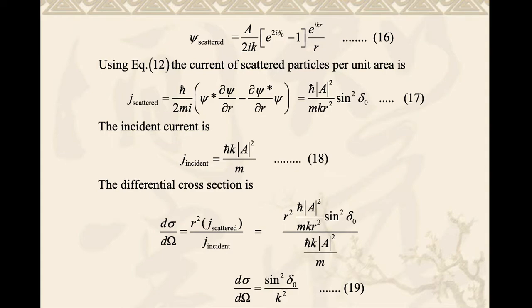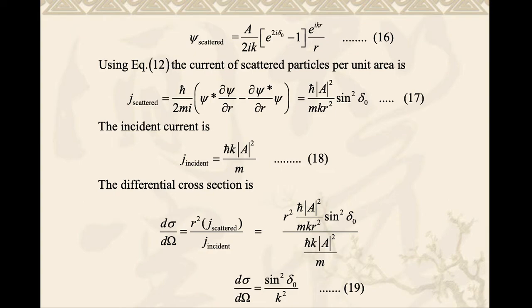And in order to get a more in-depth study, we used the partial wave analysis technique. That means we assumed that when energy is low, the incident nucleons can be considered as waves, or more clearly, plane waves.